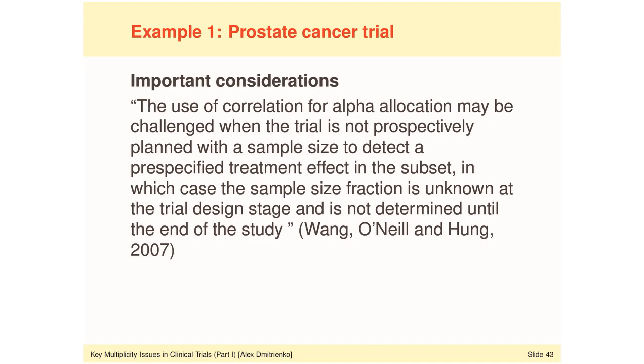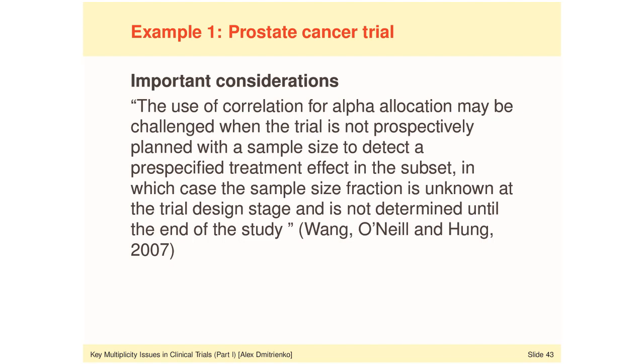For example, there is a relevant quote from a paper written by 3 FDA statisticians, and it is emphasized in this paper that the use of correlation for alpha allocation may be challenged when the trial is not prospectively planned with a sample size to detect a pre-specified treatment effect in the subset, in which case the sample size fraction is unknown at the trial design stage and is not determined until the end of the study.